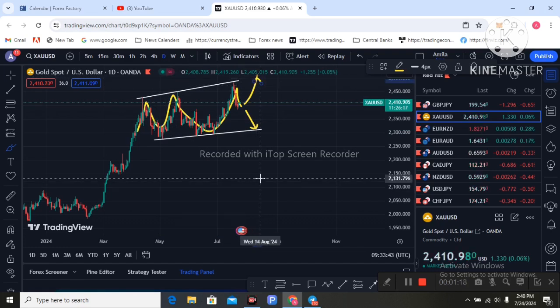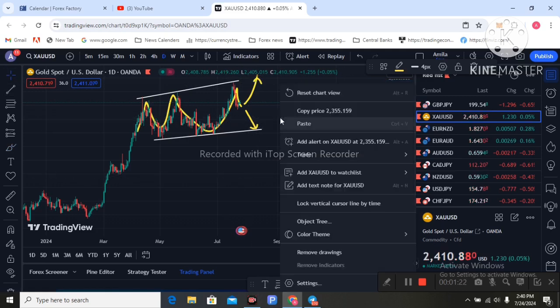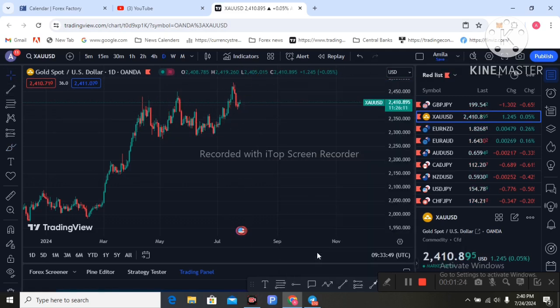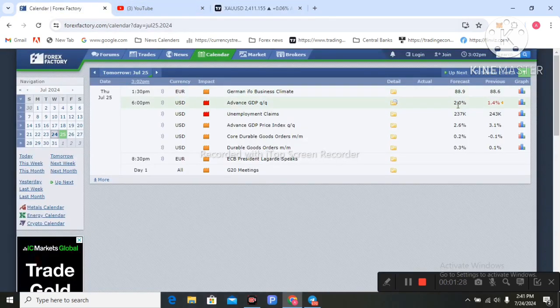So how to trade with the USA GDP report? 1.4% is the previous GDP figure. The Fed forecasts an increase to 2%.